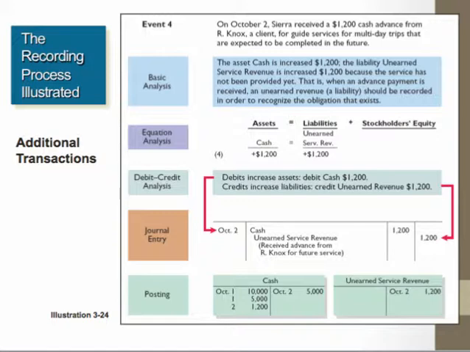So cash has gone up by $1,200 and the liability account titled Unearned Service Revenue increased by $1,200. The unearned revenue account is a liability because now we have an obligation to provide a service to the customer or to give them their money back.